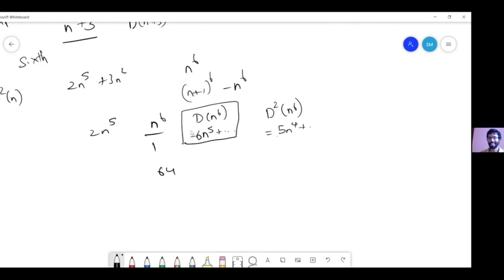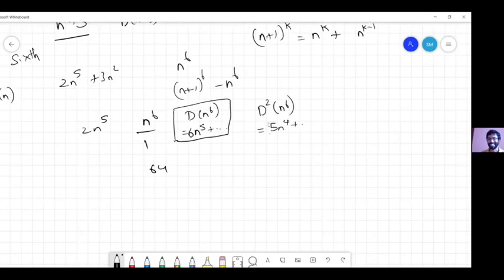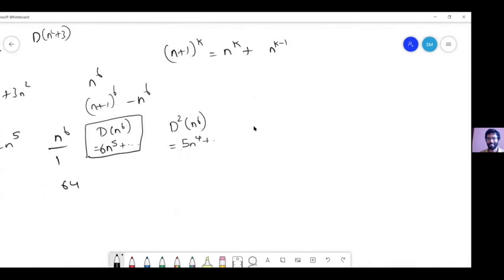Because if I expand n plus 1 to any power k, the first term would be n power k, and the second term, what is the coefficient of n power k minus 1? It is kC1. We will write it like this: n plus 1 the whole square is n square plus 2n plus 1.